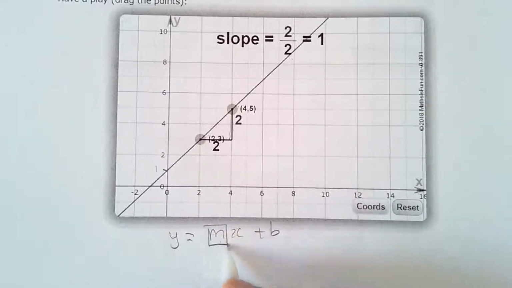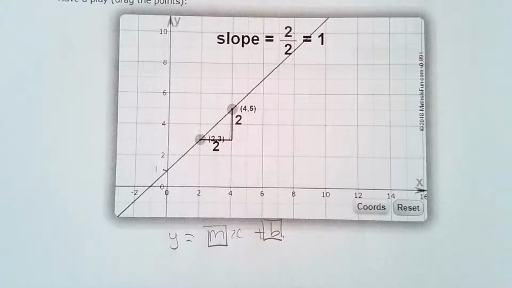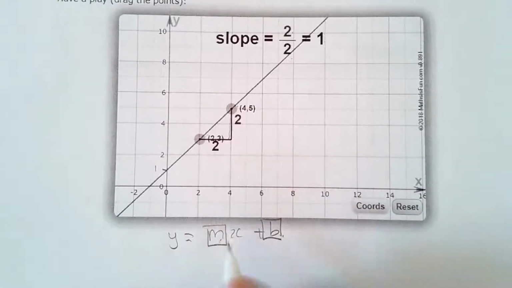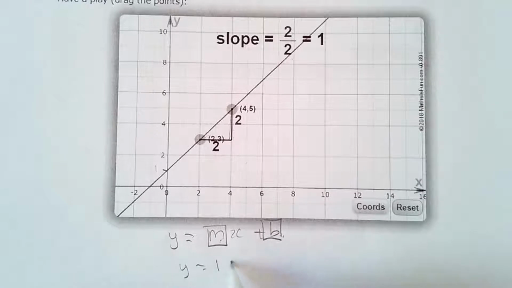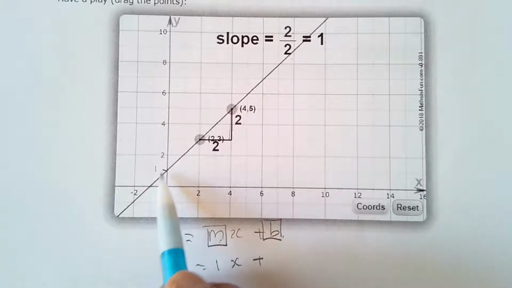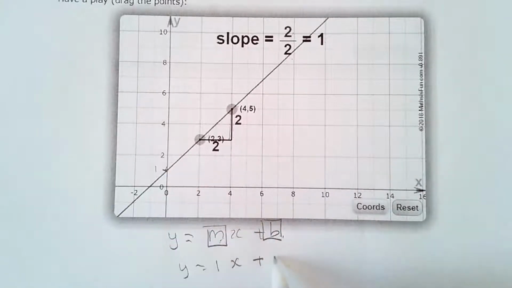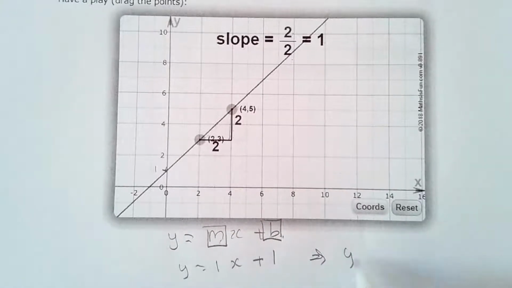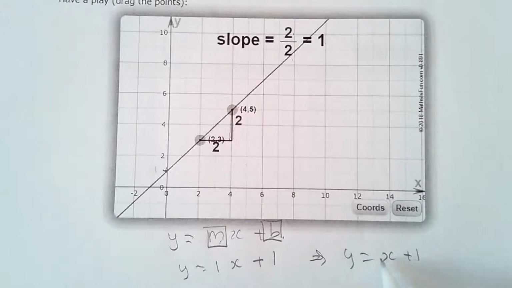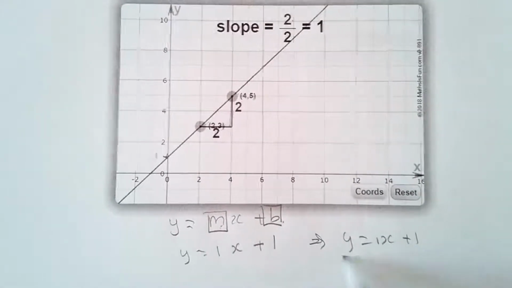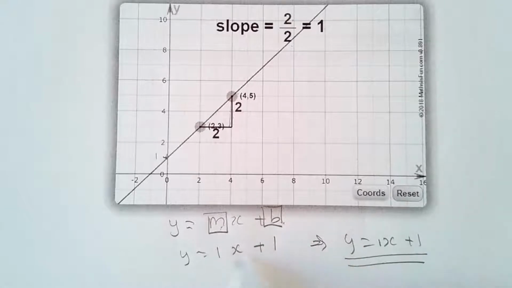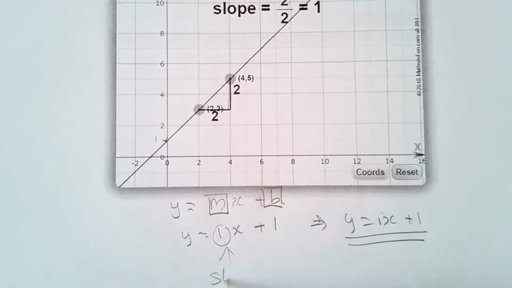So these are the two things you'll be deriving. Your m is 1, so y is equal to 1x, plus your y-intercept here is 1. So y is equal to x plus 1. Since the 1 is understood, it's not indicated here. So if you were to ask what's the slope here, it is 1. And the y-intercept is also 1.